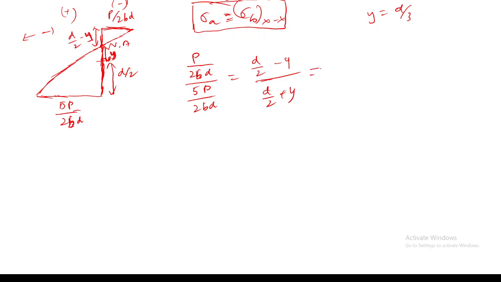Correct? From this, you will get y equals D by 3. So the neutral axis is located from the centroidal axis at a distance of D by 3, and it is towards the top fiber.